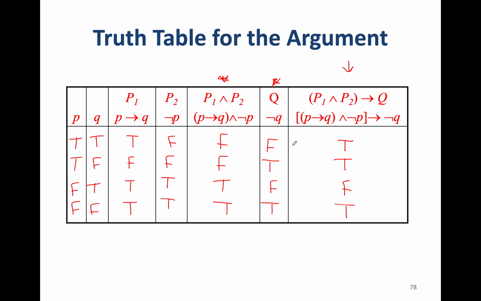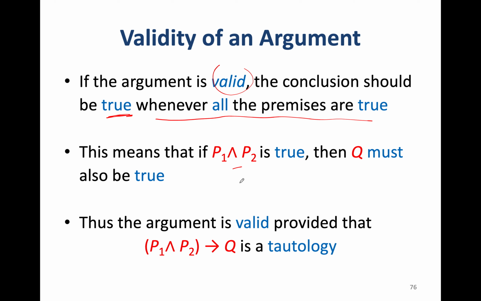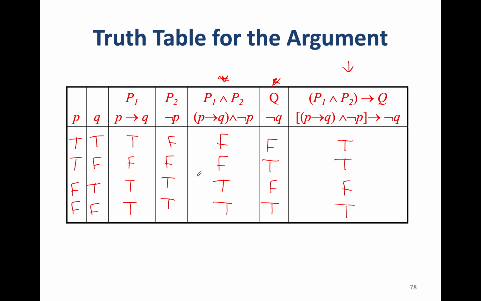Now, in order to check the validity of this argument, we need first to see that for all P1 and P2 true, we should have the argument here true. As mentioned here, if P1 and P2 are true, then Q must be true. So we'll check here and here. False, true, it's okay.